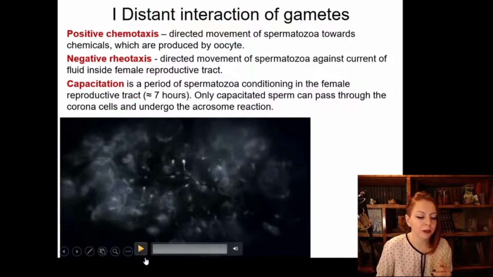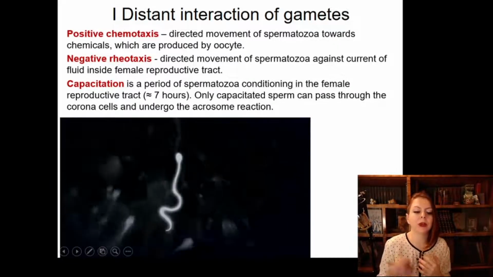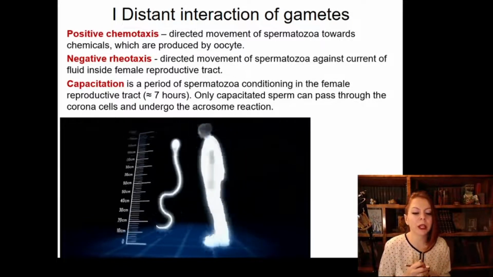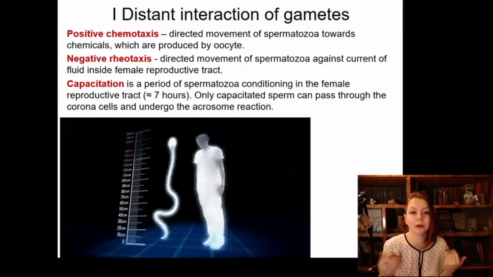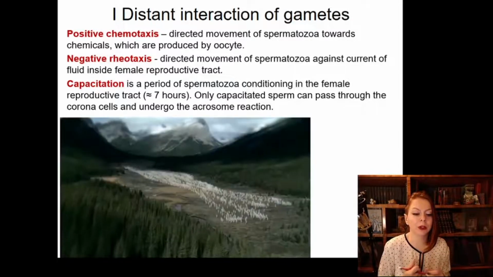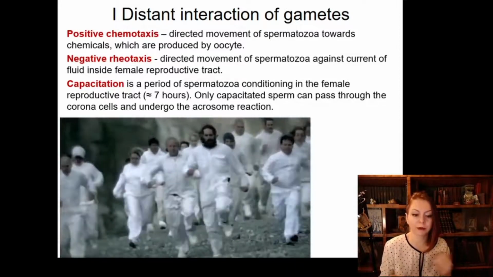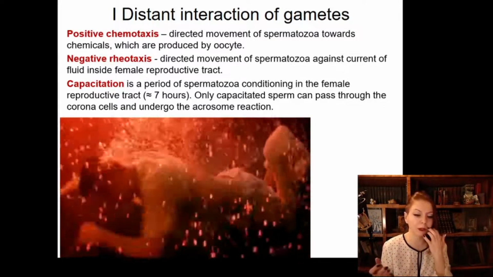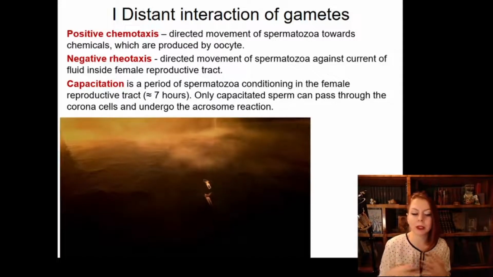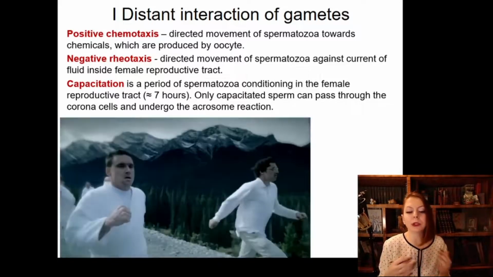Okay, and in this funny video file, a comparison is shown between the spermatozoa and humans to reveal how difficult it is for spermatozoa to realize their function. Once they are released in the female reproductive tract, there are tens of millions of them, and they have to swim against the current of the fluid, and they compete with each other.